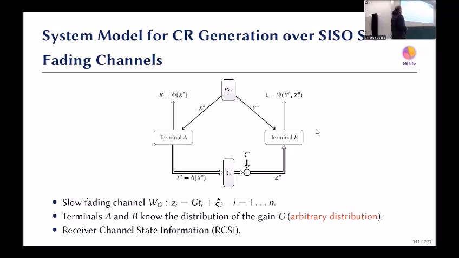Then we generalize this for slow fading channels. So we looked at the slow fading channels for common randomness over a channel. So terminals A and B know the distribution of the gain G, and the receiver channel state information, sorry, we call it here RCSI.